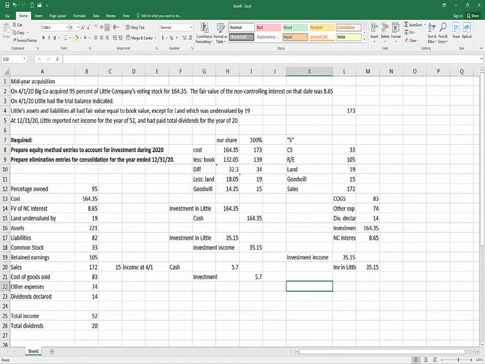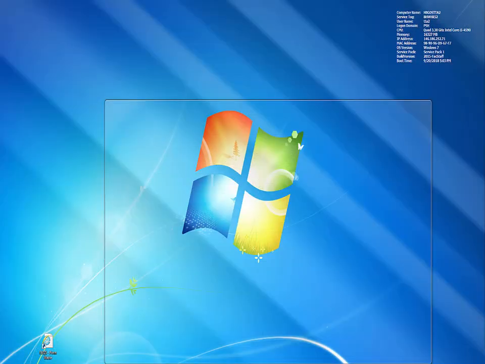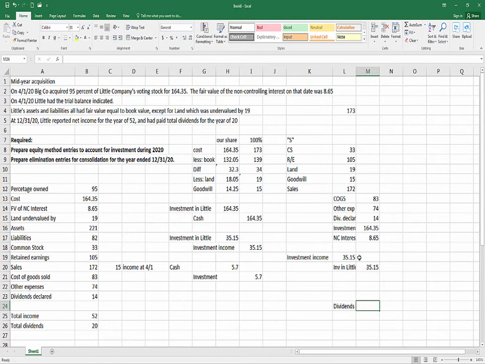Dividends declared, again, we've already eliminated the date of acquisition dividends. So of the $20 in dividends, we've already eliminated 14. There's $6 that still needs to be eliminated. I'm going to go ahead and be consistent with my account titles. So dividends declared, $6.